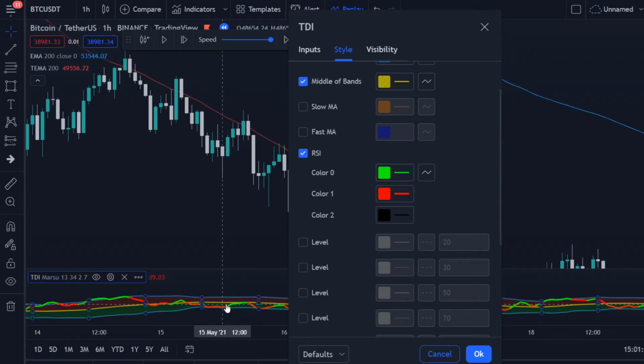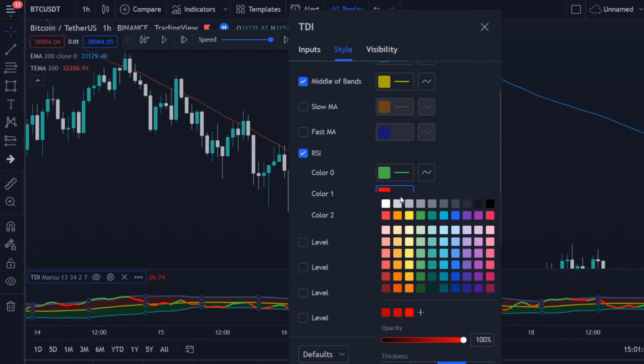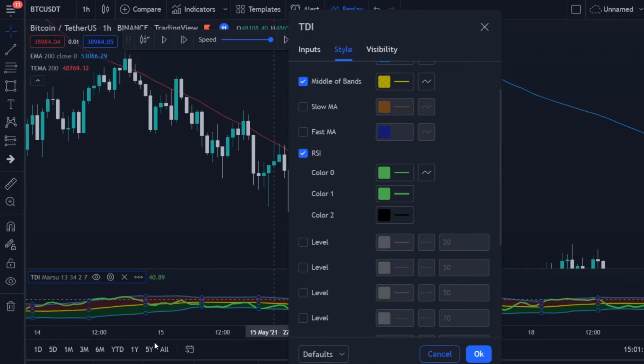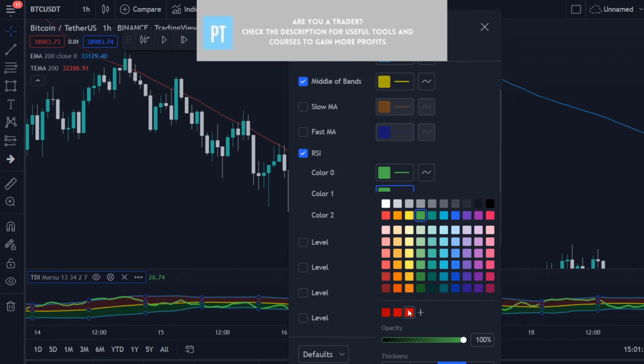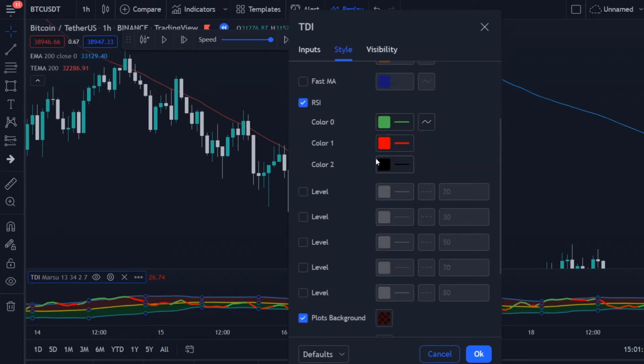You can play around with the colors. If you do not like these colors, then you can make them both, let's say, green. Over here we give it the same color, and then as you can see, it's green and not red and green. So some people might think it's confusing, but make sure to play around with the colors.